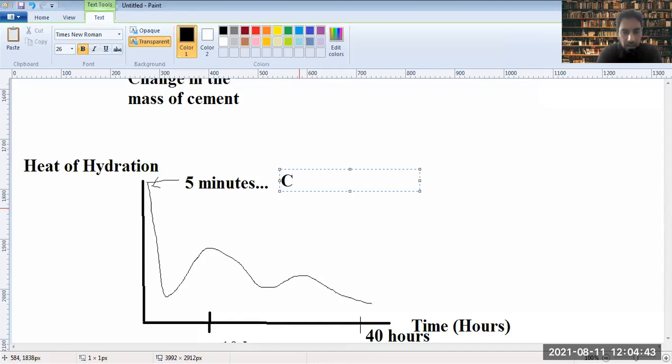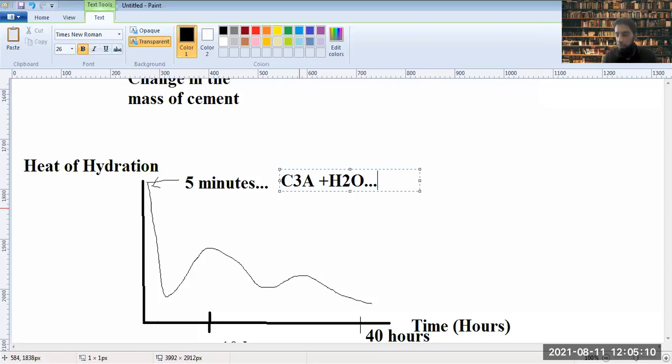It was C3A, tricalcium aluminate. So that reacts with water, and that is producing calcium aluminate hydrate.